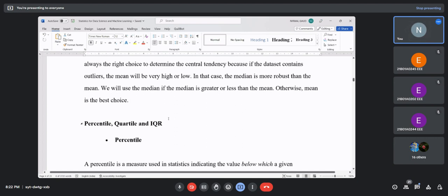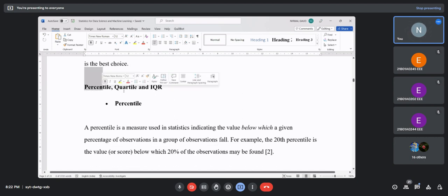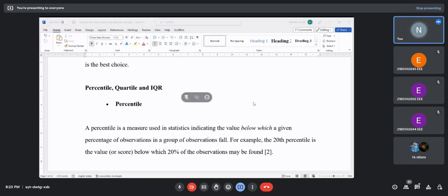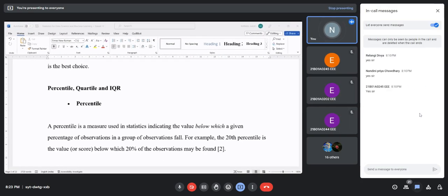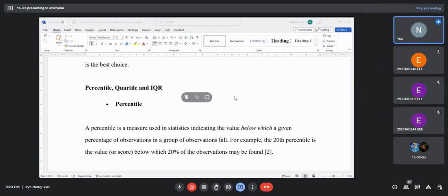Now next things: percentile, quartile, and IQR, interquartile range. So percentile: do you have percentage or percentile in your exams? Do you get grades? What kind of results do you have?